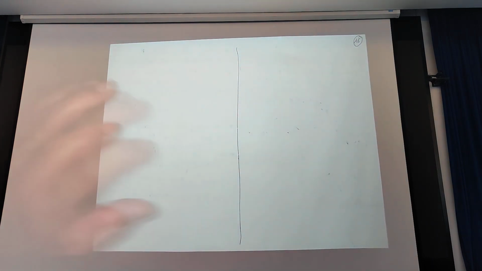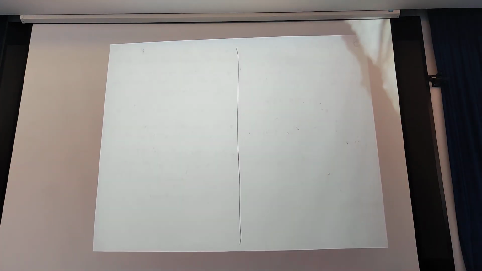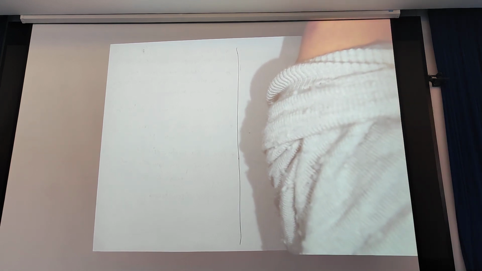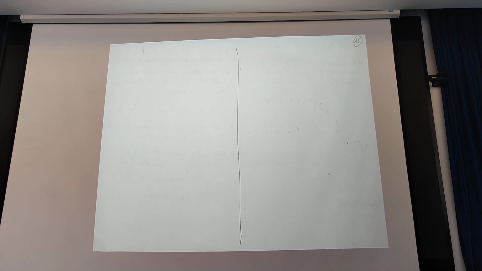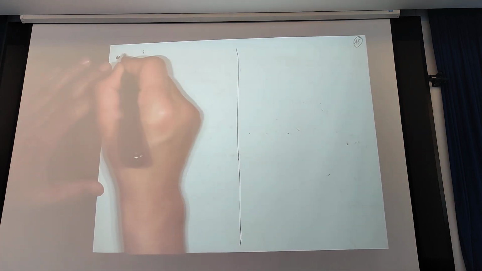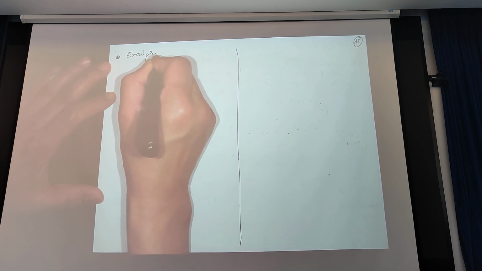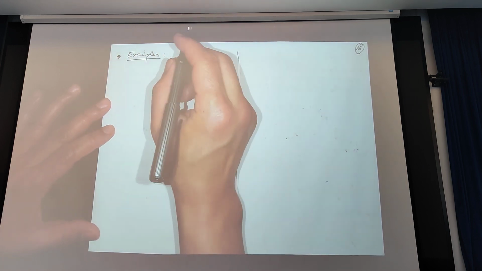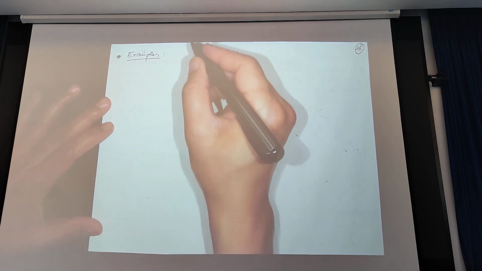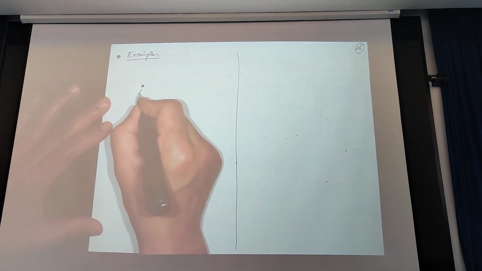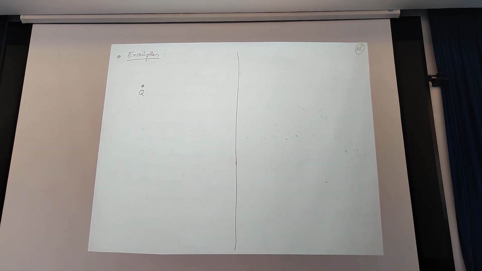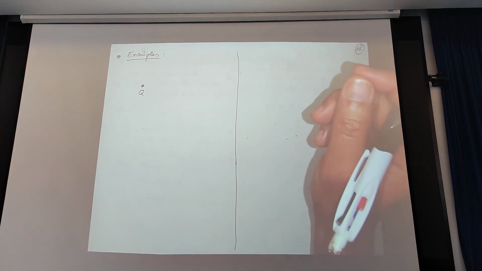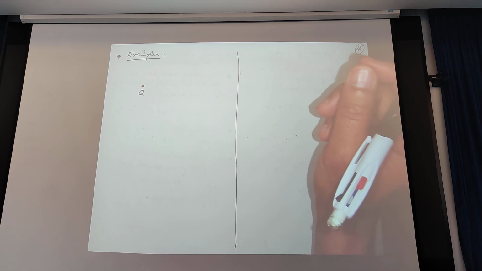For example, here is a point charge, and by symmetry, according to you, what are the equipotential surfaces created by the point charge?